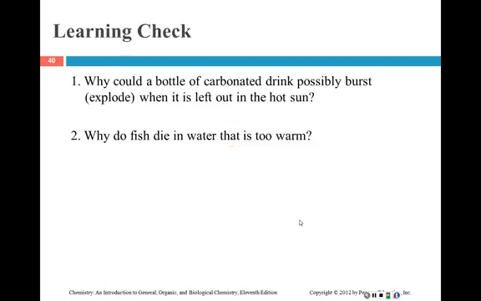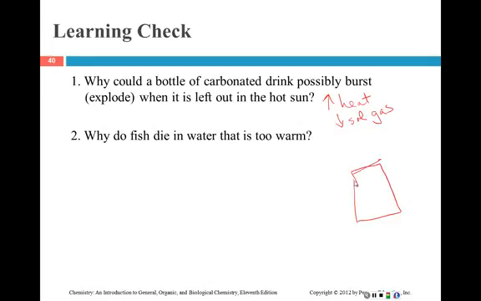So why could a bottle of carbonated drink possibly burst if you leave it out in the hot sun? If it's in the sun, what are we doing? We're increasing the heat. And if we decrease the solubility of the gas, then inside that can, it's pressurized, right?